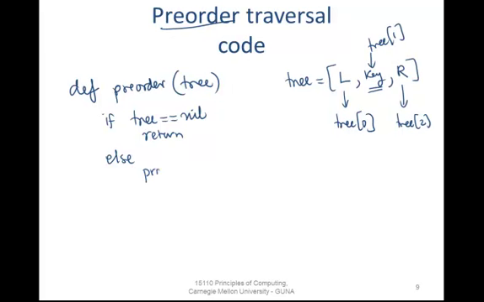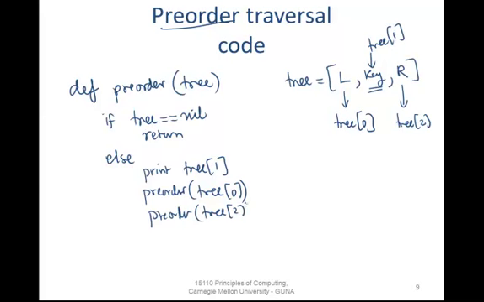So we can just say print tree of 1, which is the root, and then we have to process the left subtree, and then we have to process the right subtree. What that means is that we call preorder on the left subtree, tree of 0, and then we call the preorder on the right subtree, which is going to be tree of 2, and this is the end.